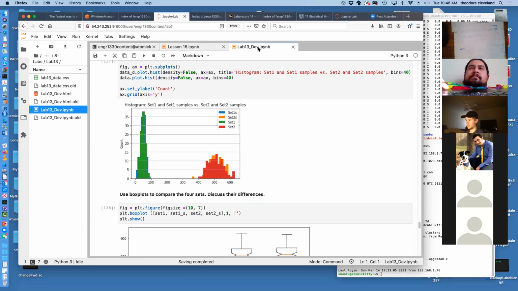So again, just looking at it, is there evidence that the blue and the green have a mean value that's 10 times smaller than the mean value of the gold and the red? Yes or no question?